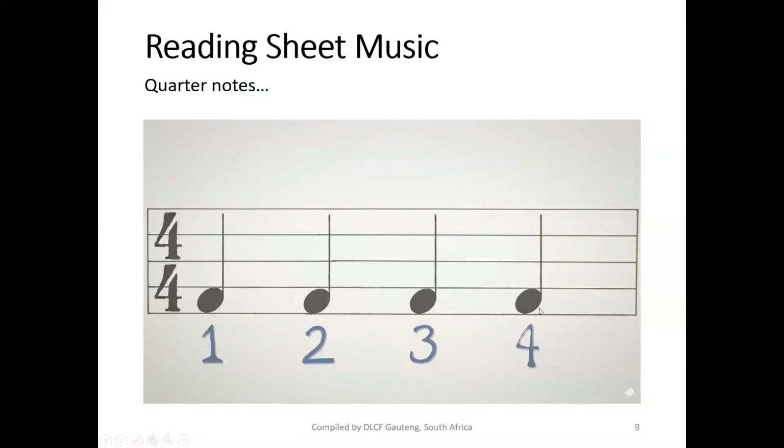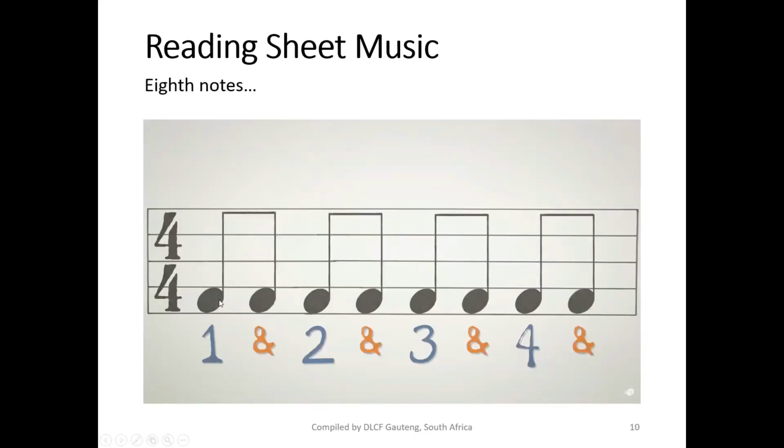Now in the event that we have still a 4/4, but we now introduce an eighth note, I will keep to the normal beat of 1, 2, 3, 4. Before I get to this 2, I need to include that note. So it's 1 and 2 and 3 and 4 and.